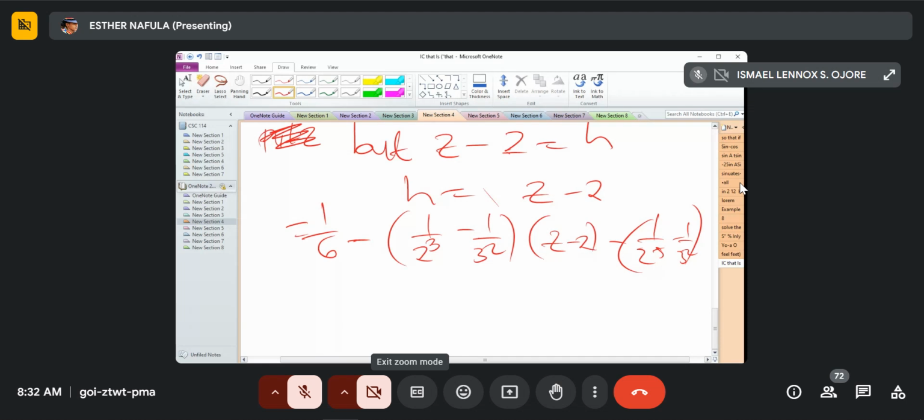Excuse me. Yes. Where we were collecting the like terms, the last term, can we check on the signs? I feel like... Which term? Where we had minus into bracket 1 over 32 minus 1 over 27 h squared.